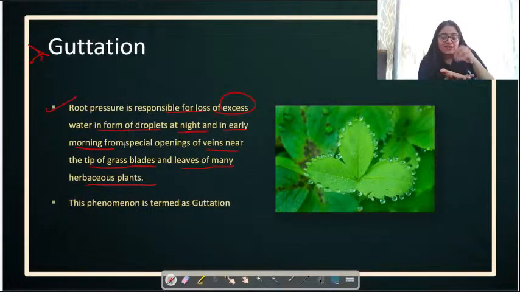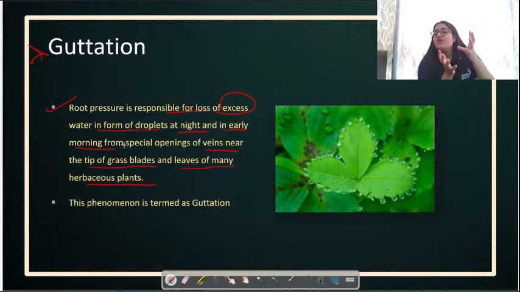And not to forget, such water loss is because of the root pressure, because of which there was accumulation of a lot of excess water which was supposed to be lost in the transpiration process. But in early morning or at night, the sun is not present, the light is not that much, so the temperature is low, hence the rate of transpiration is quite low.